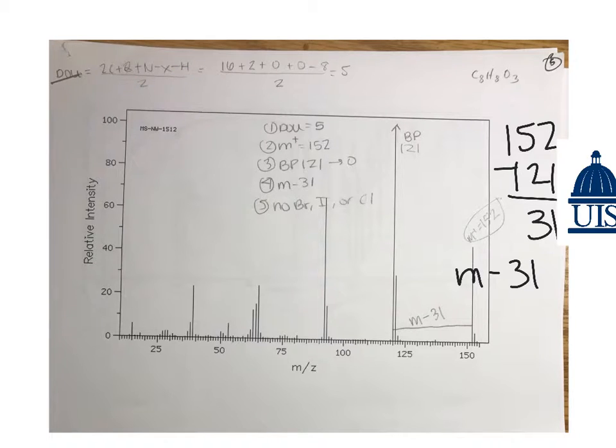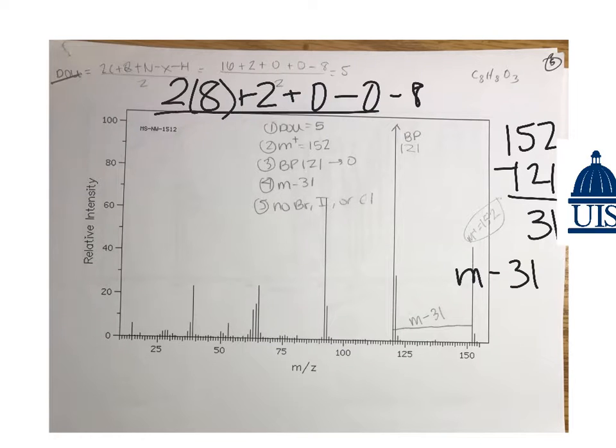So using the numbers from the formula we're given, which is C8H8O3, we get 2 times 8 plus 2 plus 0 because there's no nitrogen, minus 0 because there's no halogens, and then minus 8, and then all of that over 2, which ends up giving us 5 for a degree of unsaturation, which would mean we could have 5 different combinations of rings, double bonds, or triple bonds.